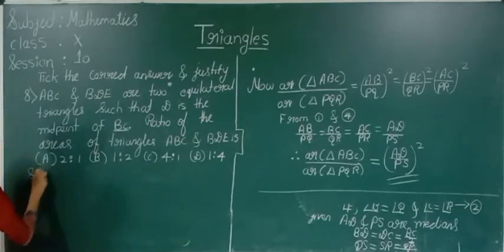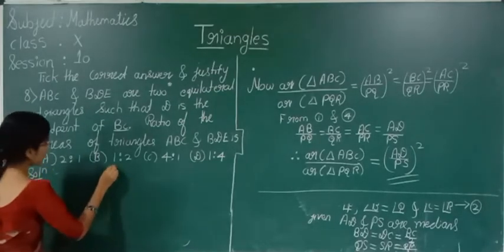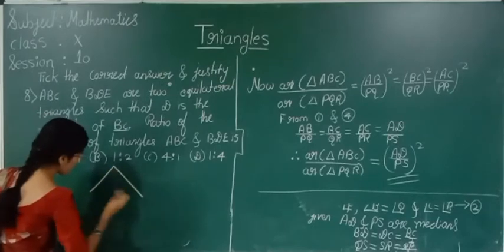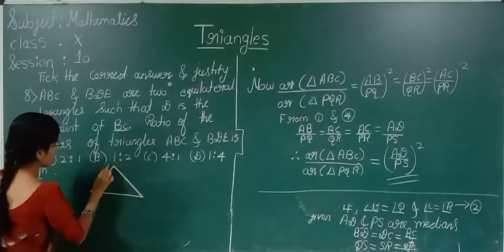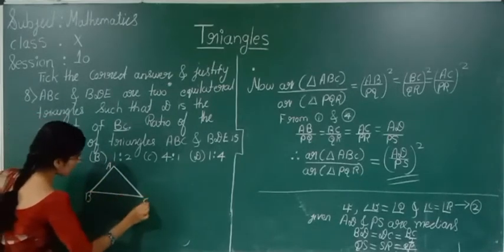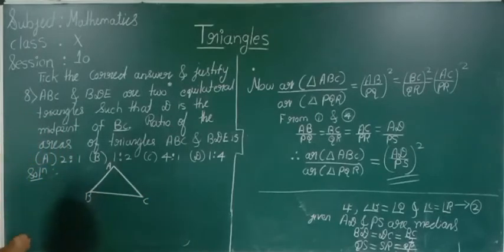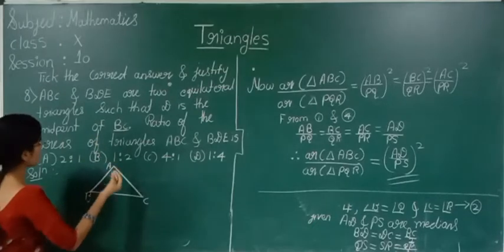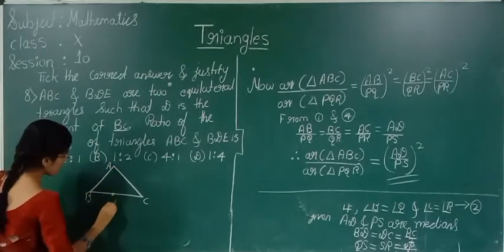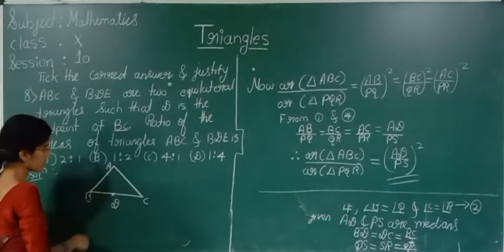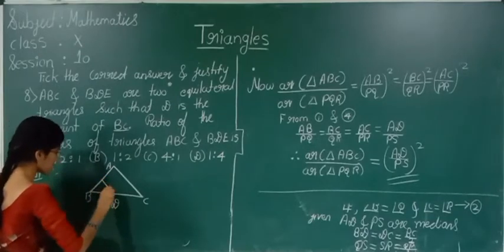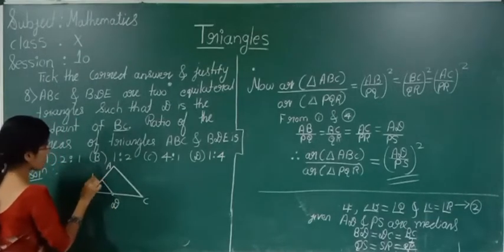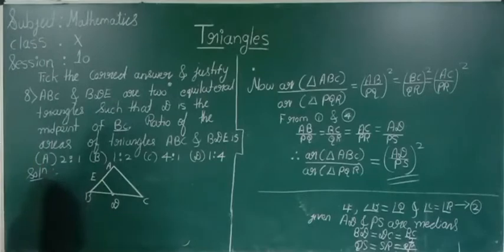Say a solution. We will draw the figure for this. Here they are two triangles. ABC is one triangle, and one more triangle they have told, BDE. D is the midpoint of BC. Now BDE is one more equilateral triangle.